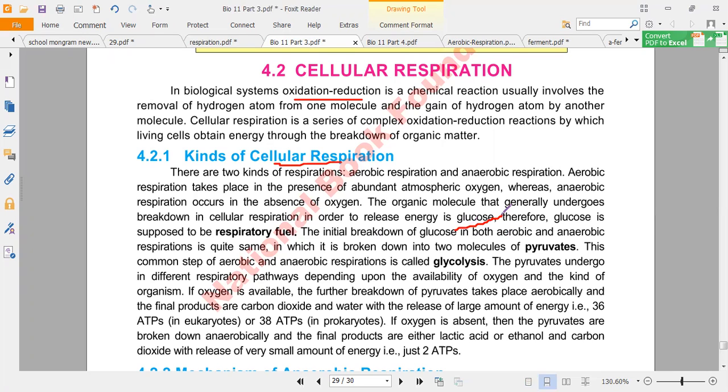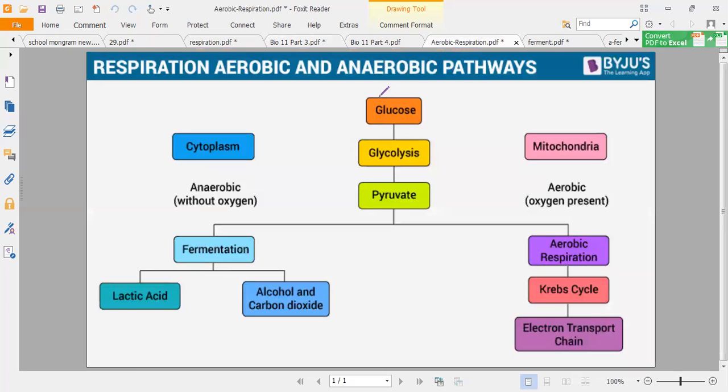And that glucose acts as a respiratory fuel, because we can also say that cellular respiration is a burning of a fuel in the form of glucose, by which we get energy. So here we can say that respiration or cellular respiration is having different types.